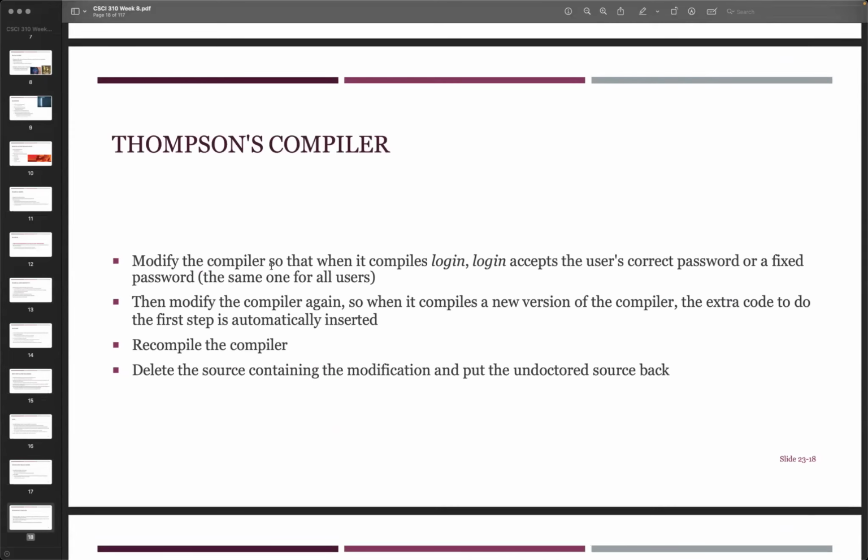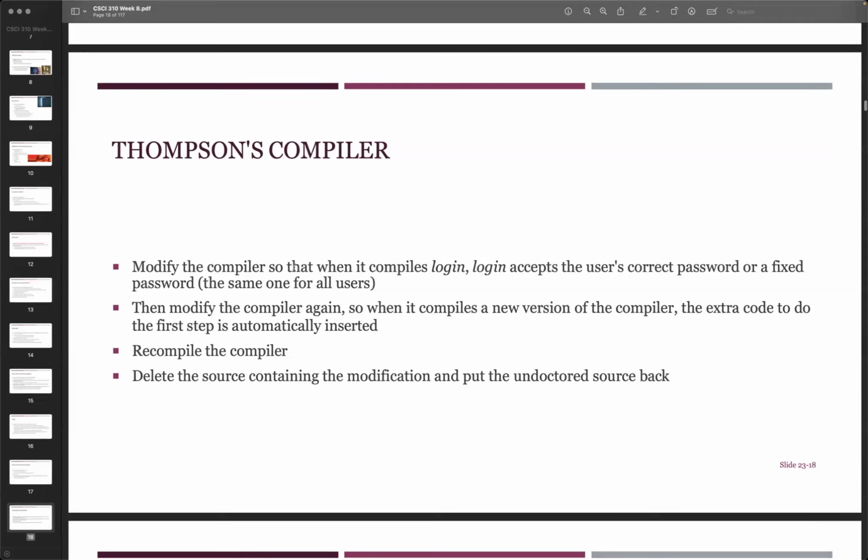A compiler for programming helps us convert the code to binary code. So once we compile, the login will accept the user's correct password or a fixed password. It can be the same for another user, or we modify the compiler again, so it will compile a new version of the compiler.